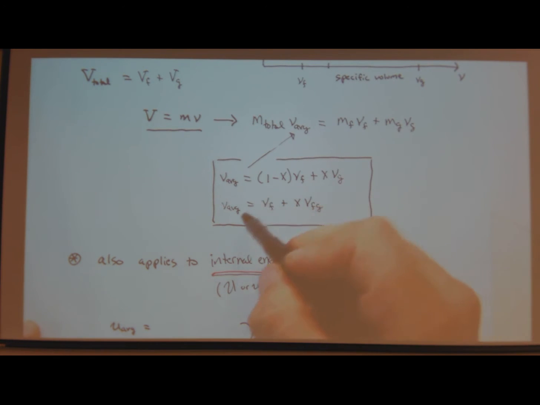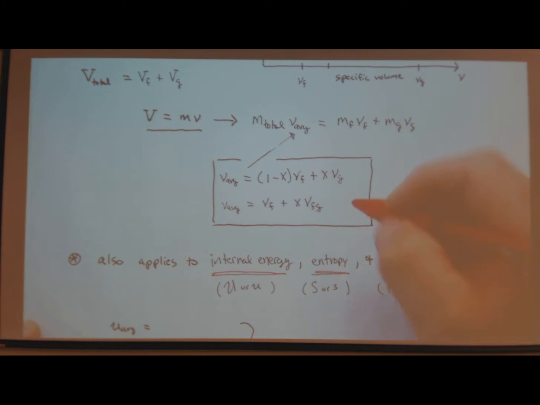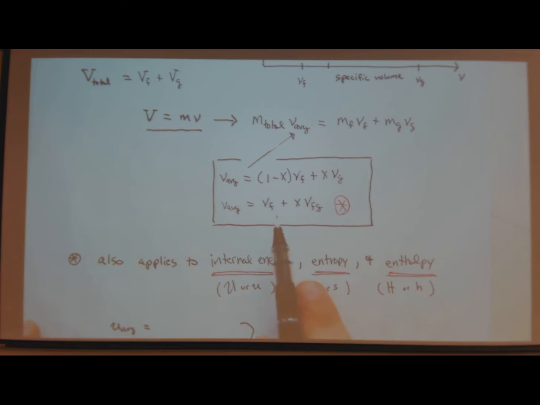So I can use this same type of format, and let's choose this one here. I like this one better. I always like to choose the expression with the least number of variables. When you start working on more complicated problems, it ends up being useful because you have fewer chances to make a factor of two error because you have fewer variables.